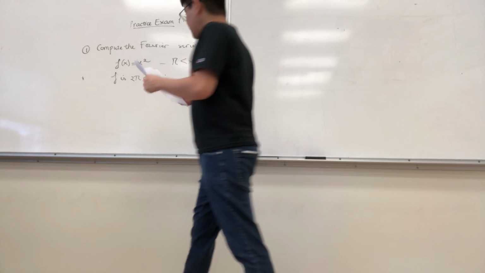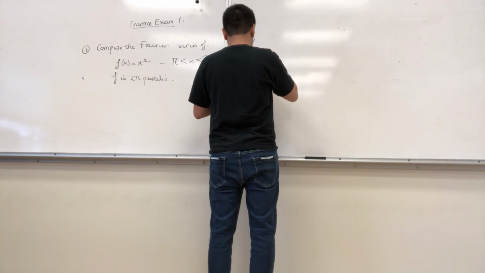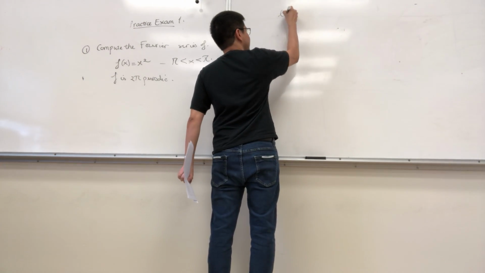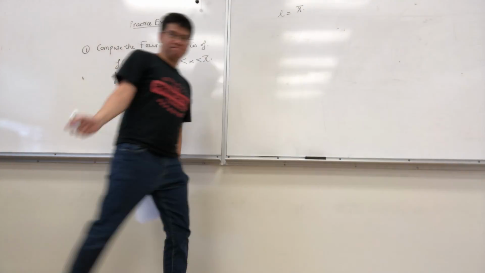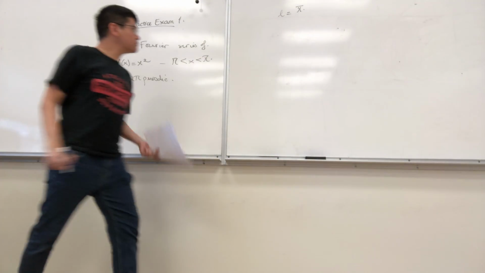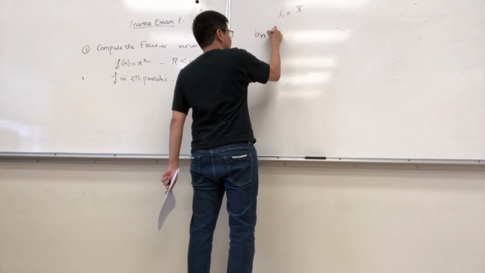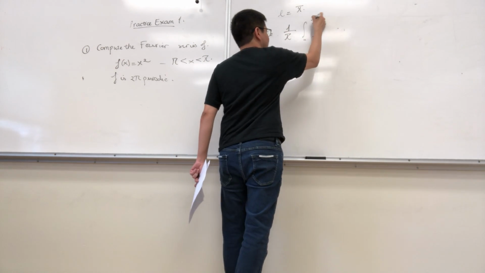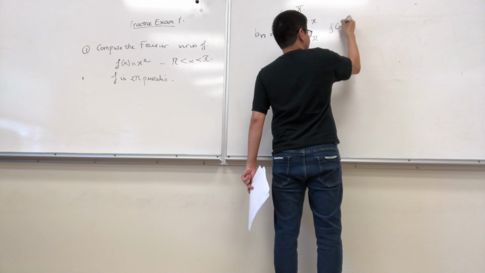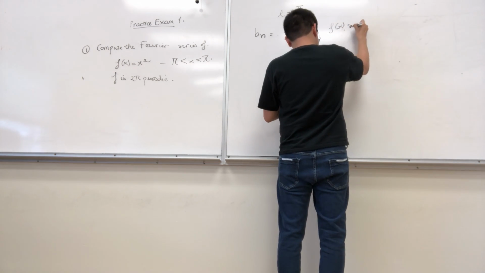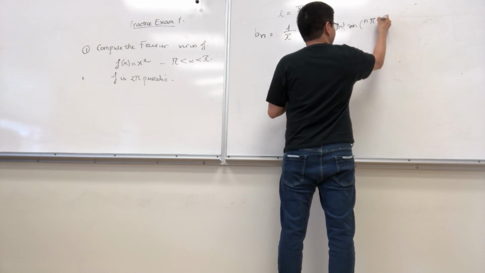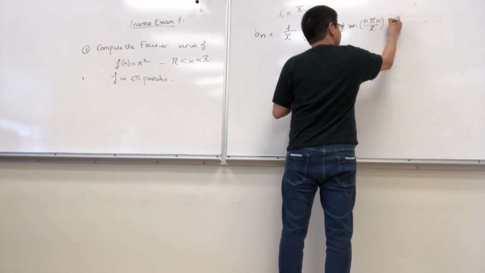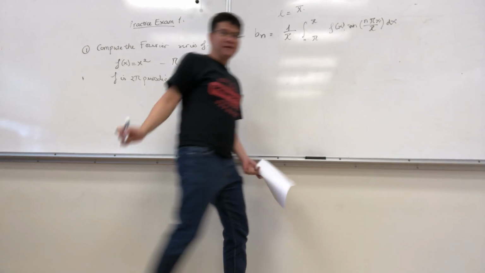Now, we're gonna have the formula. In this case, L is going to be pi, right? So we're gonna compute Bn. Bn will be 1 over pi, integral from minus pi to pi of f(x) sin(n pi x over pi) dx, right?